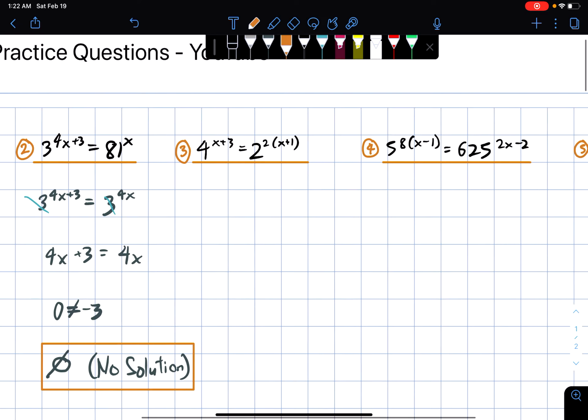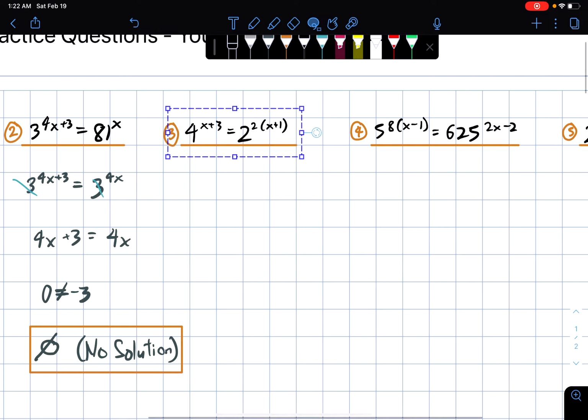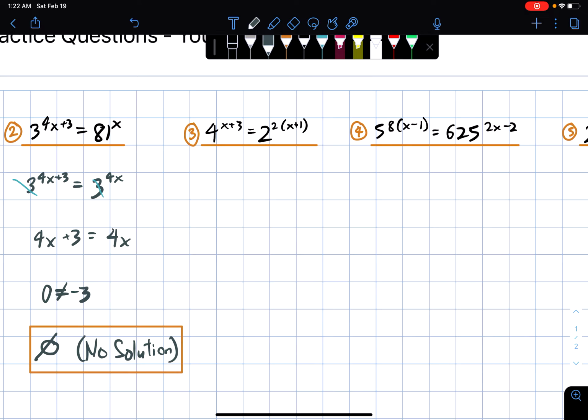Okay, let's move to number 3. We know that with 4 and 2, the lowest base could be 2. So 2 raised to 2 is 4. 2 raised to 2 times the quantity 2x plus 3 is 2x plus 6, which is equal to 2 raised to 2 raised to 2.